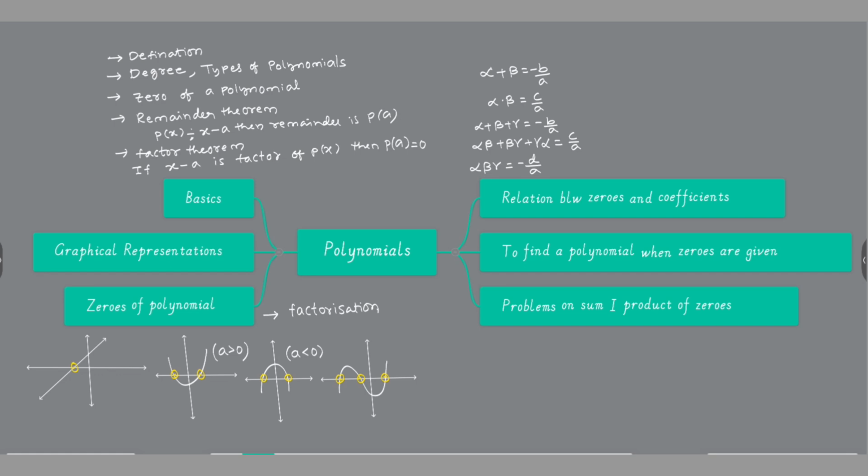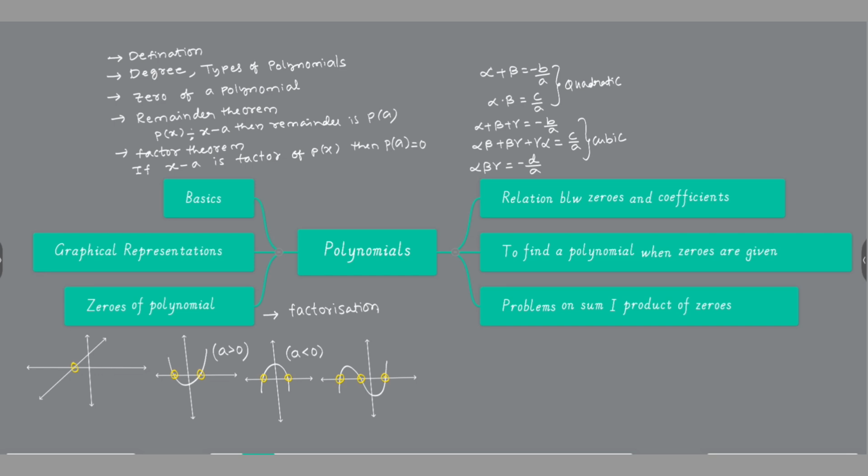Relations for a quadratic polynomial are only two. These are quadratic. These three are cubic polynomial relations.